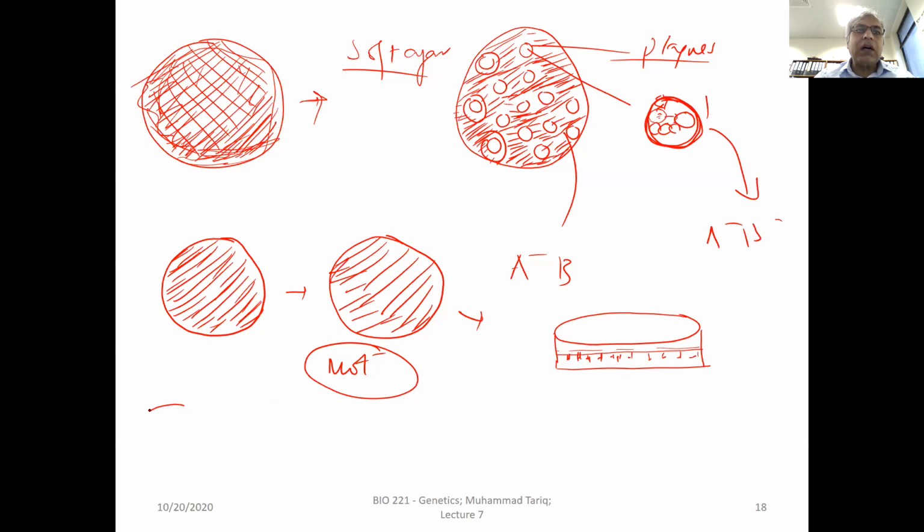What we are going to do now, we are going to use mot minus mutants, which exist already. Let's take a mot minus mutant.